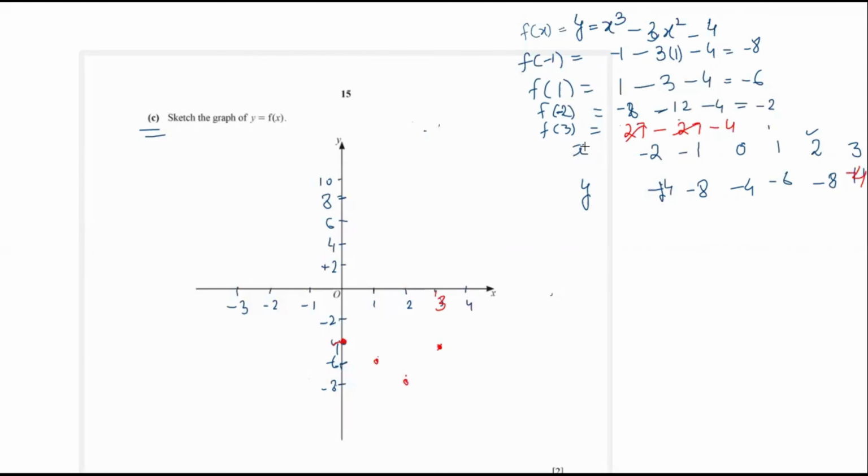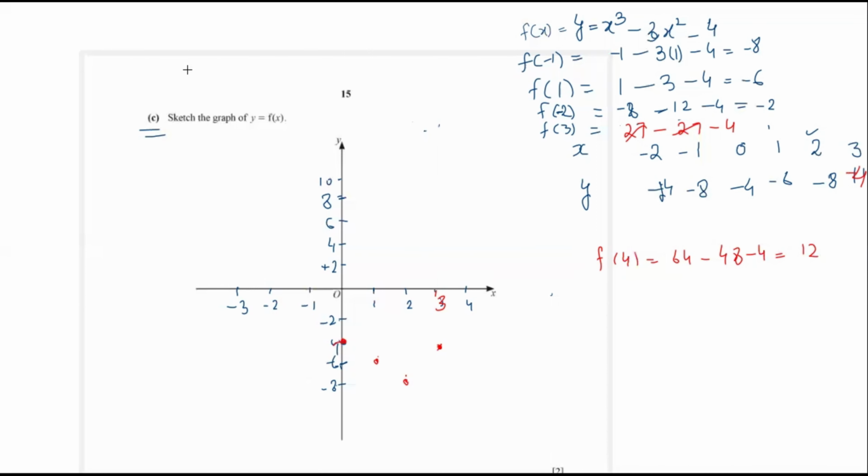Now next we take another value, f of 4. That value will be equal to 12. At 4 the value is 12.